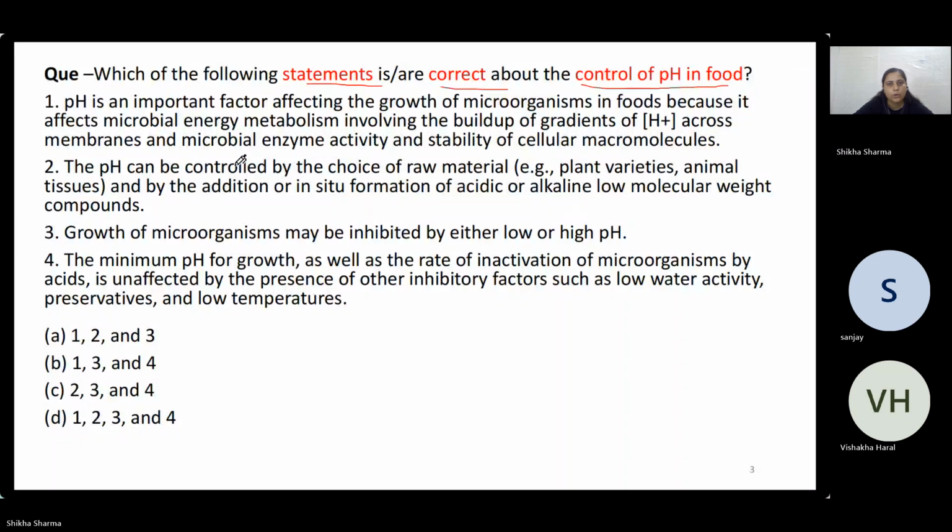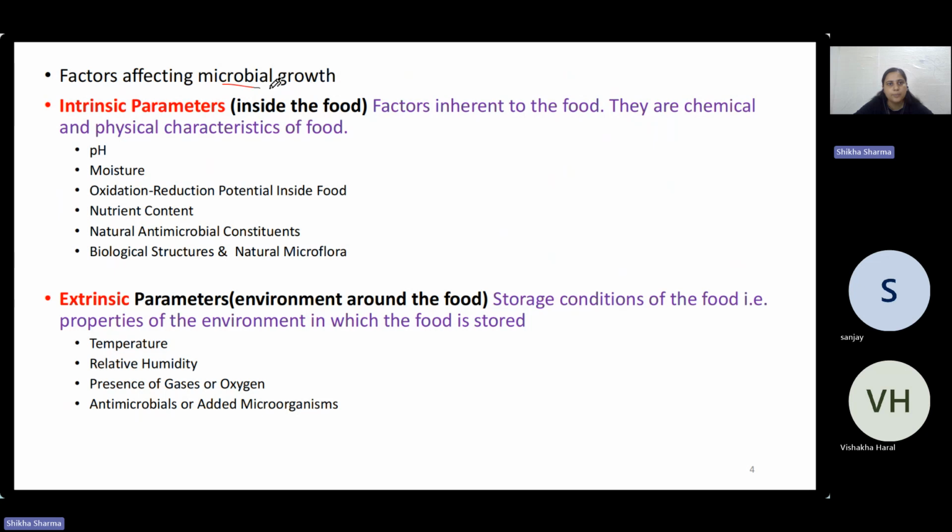We know that microorganisms grow in the food and spoil the food products, right? We want to prevent microbial growth in food products. Their growth is affected by various parameters, like intrinsic parameters, which are related to the food products.